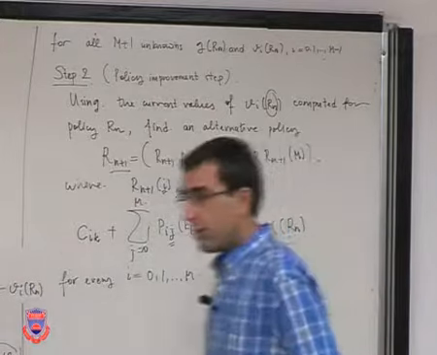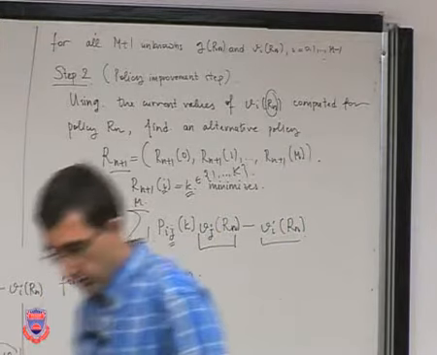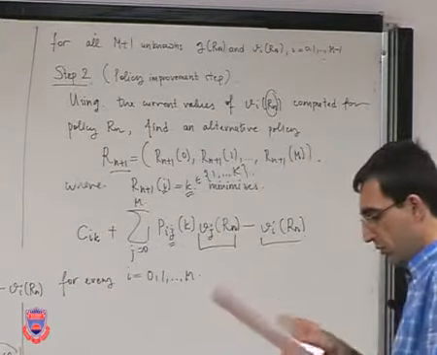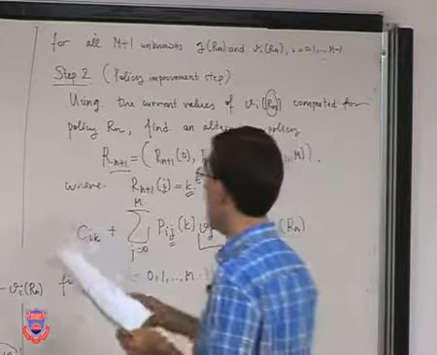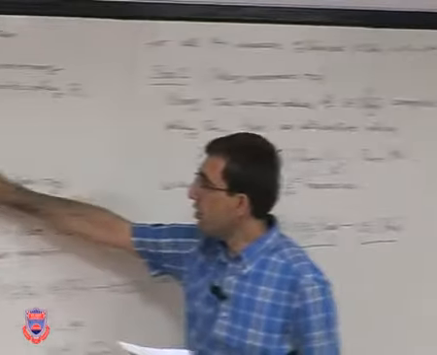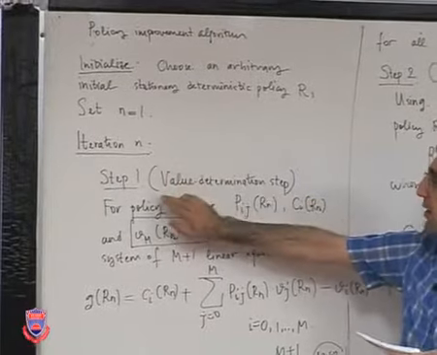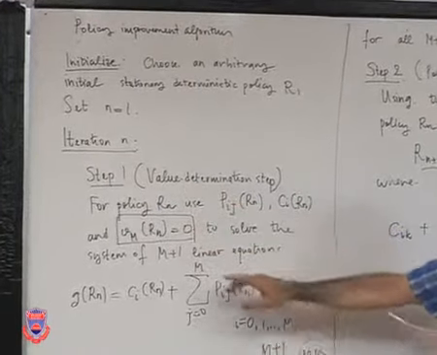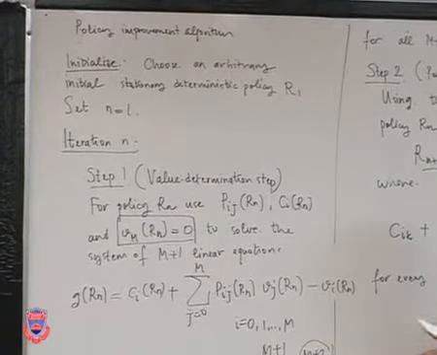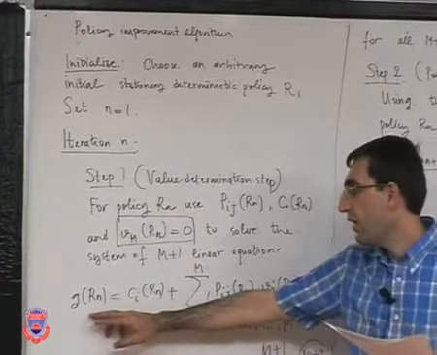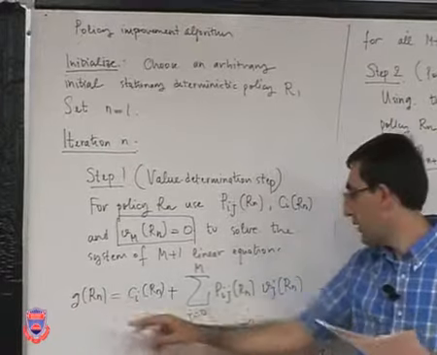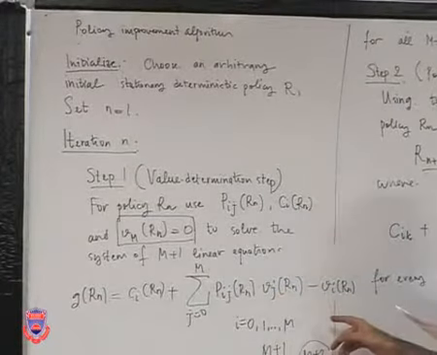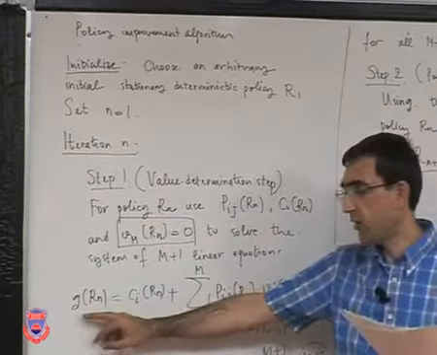We need to do a small calculation just to support that conclusion. But before that, let me complete this discussion. For any given iteration n, we first determine the values. Here, in particular, the values that you are really interested in are not really this one, but the relative values. There are many ways to calculate the long-run average cost.